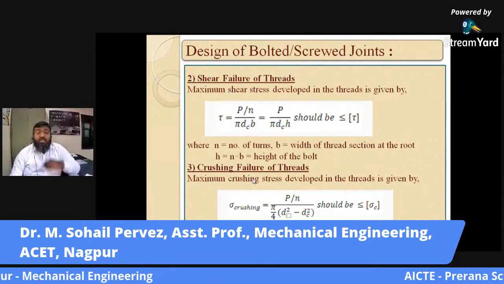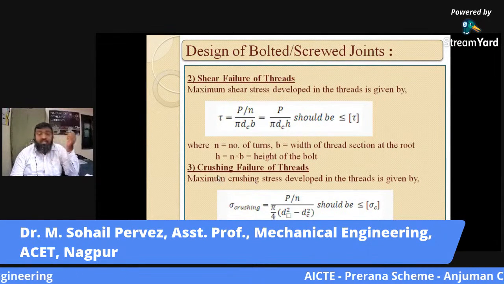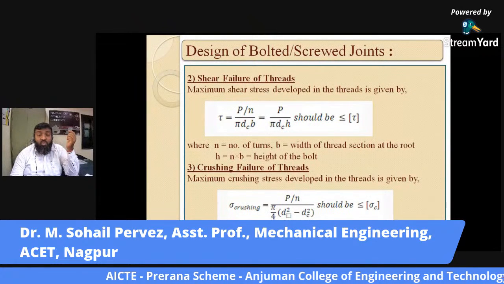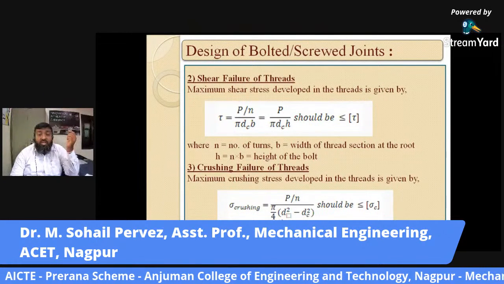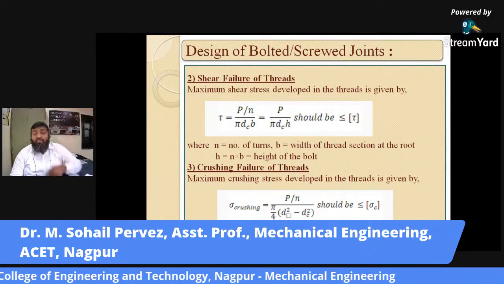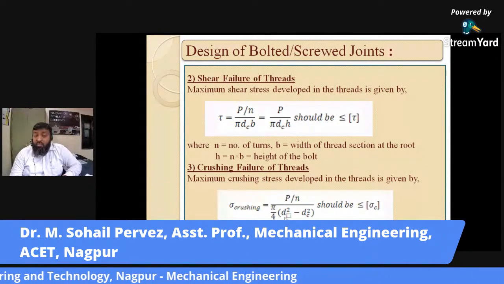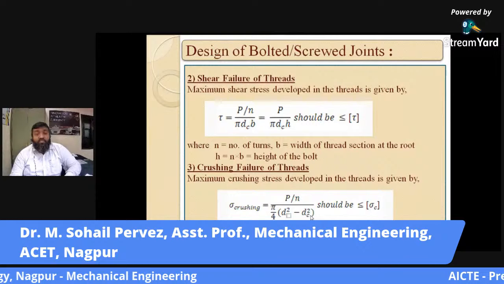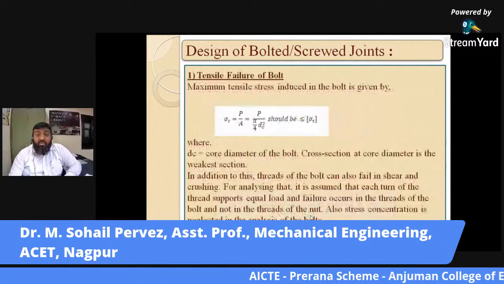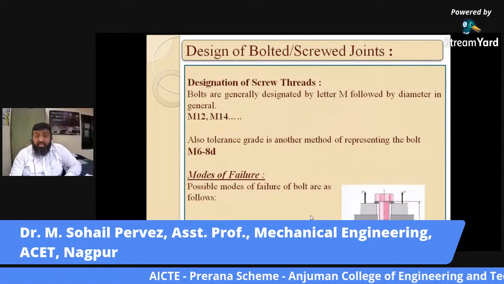The third one is crushing, the localized compressive stress failure of the bolt. When we say localized compression, the area you are concentrating on is pi by 4 (d square minus dc square). Again I want to go back to the diagram we have studied.